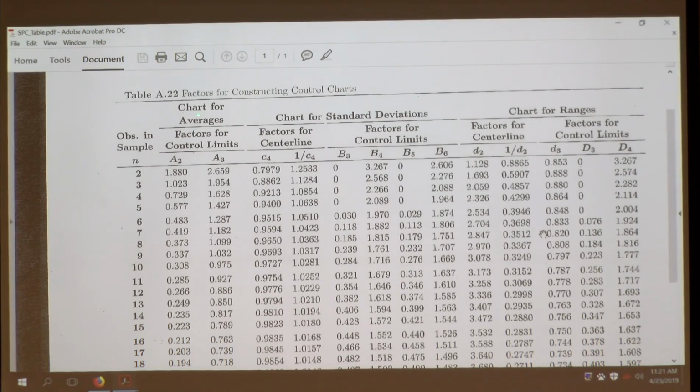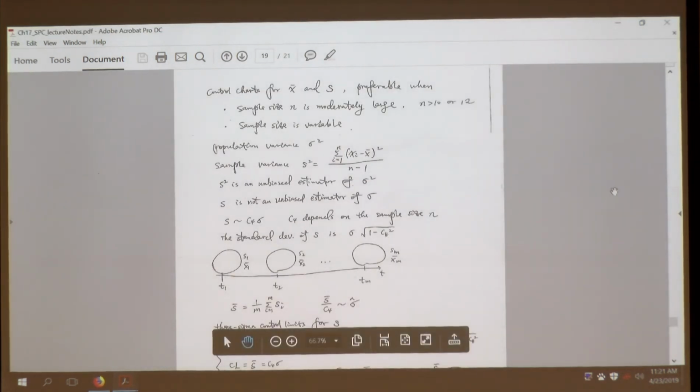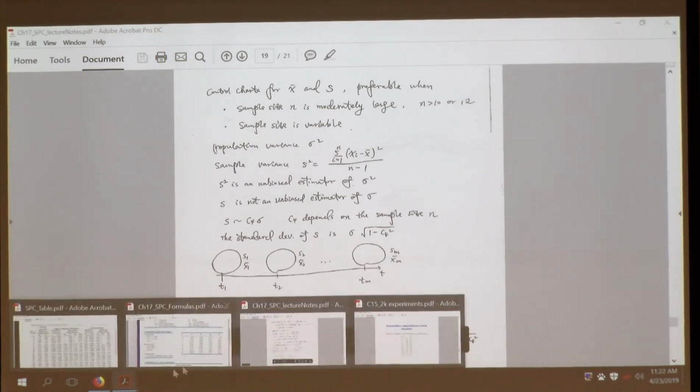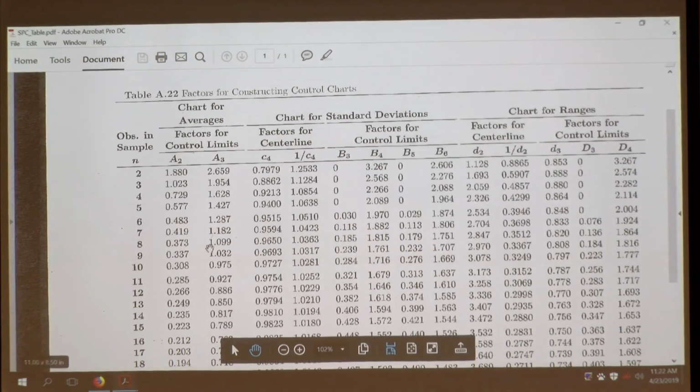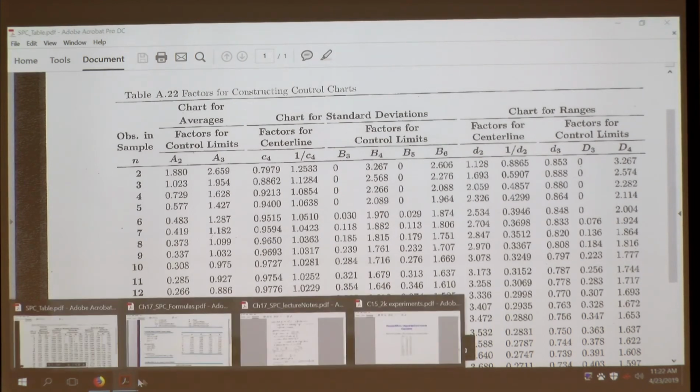So here we have the constant values for the X bar chart, the S chart, and the R chart. C4 depends on the sample size. Now if we have a sample size of 10, then C4 will be 0.9727, and 1 over C4 will be 1.0281.